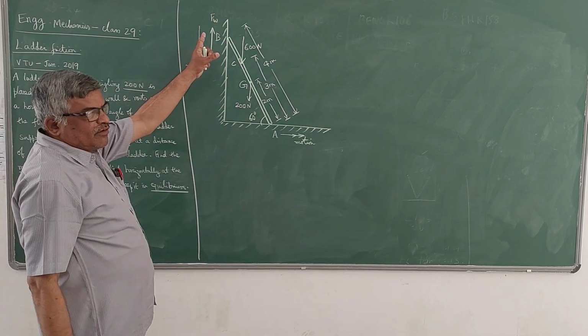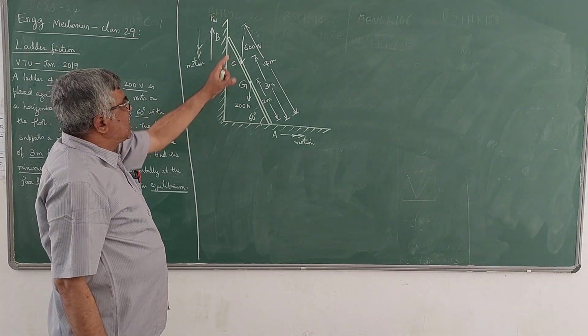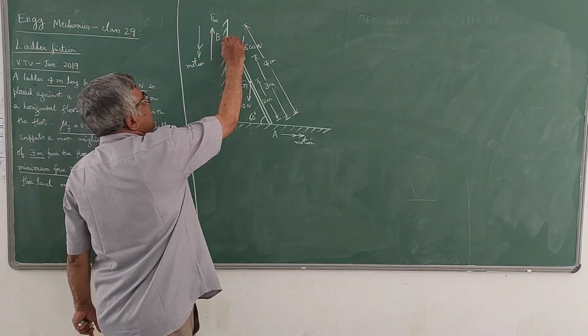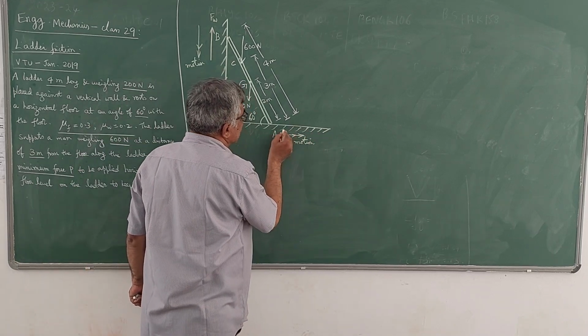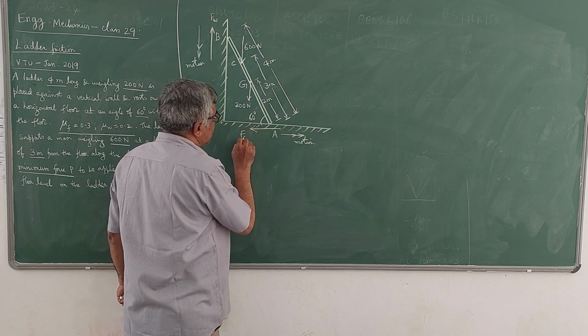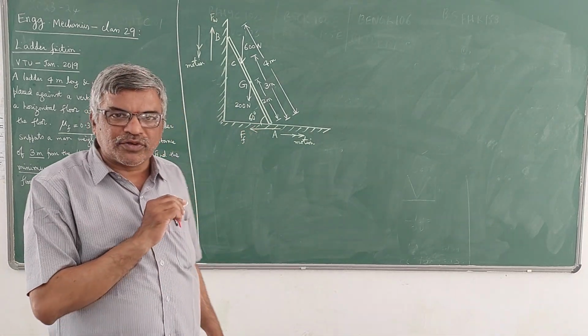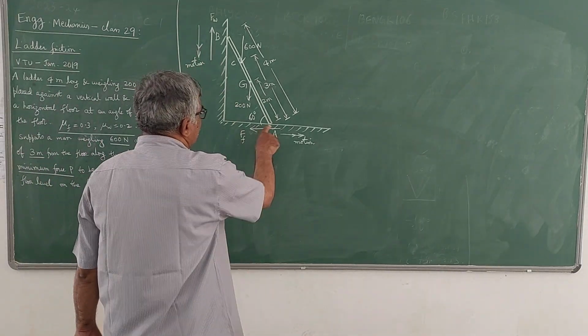I will call it Fw. So Fw is the frictional force existing between the wall and the ladder at this contact point B. And along the floor, since the direction of motion of the ladder is like this, the frictional force will act in the opposite direction, Ff. Ff is the frictional force acting at the contact surface of the ladder and the floor.